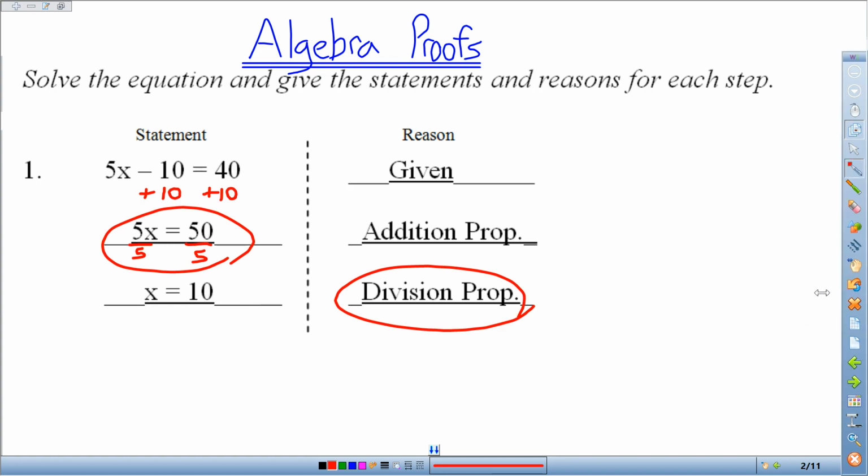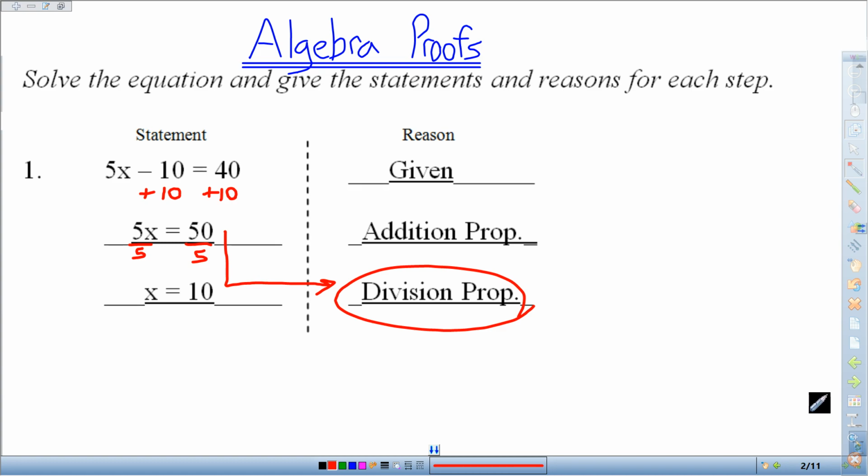So the way to think of it is, we do this, we write the next step, and then we give the reason why we went from here to here. That's the flow of these proofs. The math hopefully isn't going to be too difficult. It's just getting used to writing reasons and seeing the process here.